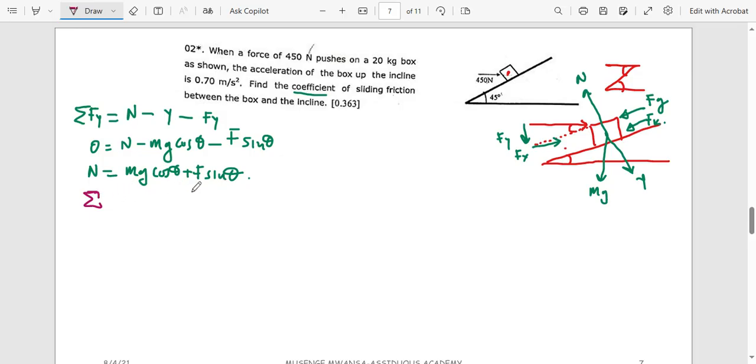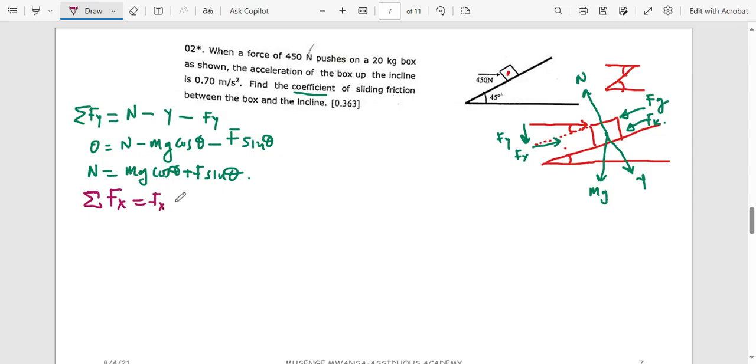So now we go in the x direction. The net force in the x is going to be equal to, look at the force that is going in the direction of motion. Because we are pushing forward, the force that is going in the direction of motion is going to be the x component of the applied force.